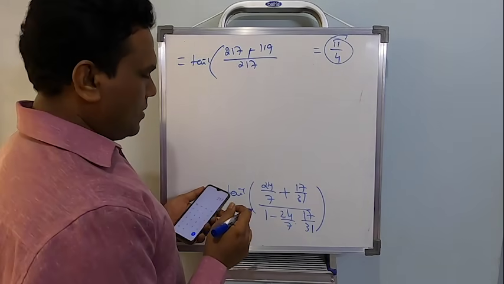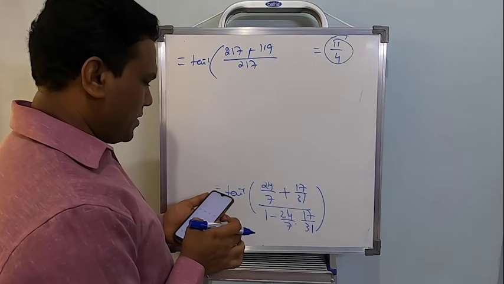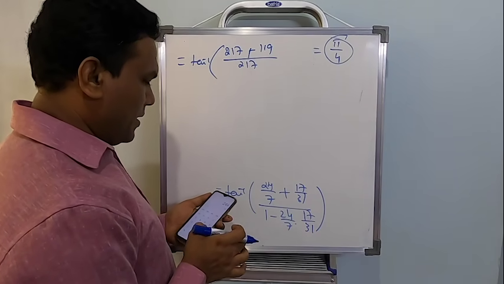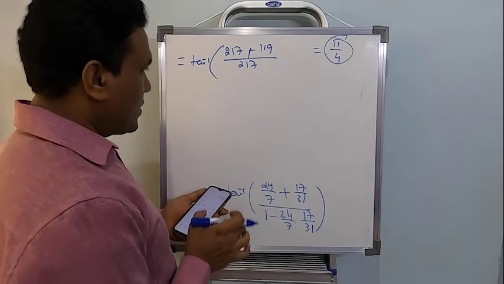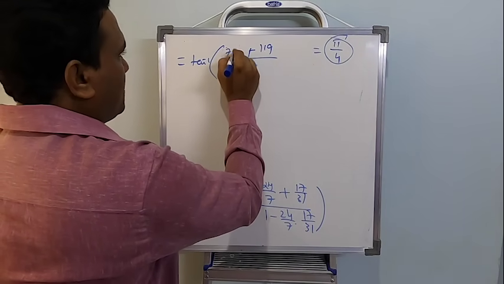Okay, 1 second, I just want to check this. 24 multiplied by 31, that's 744 here.